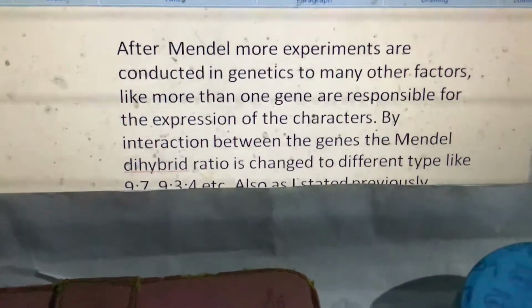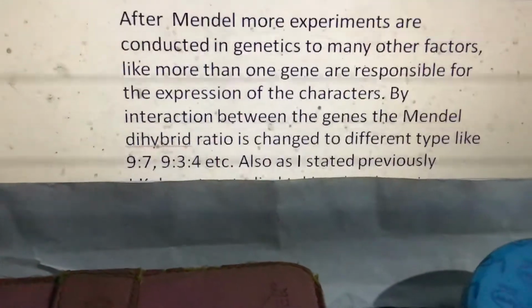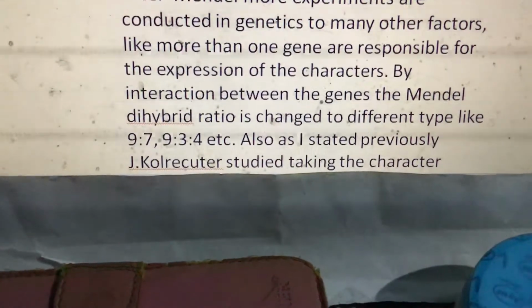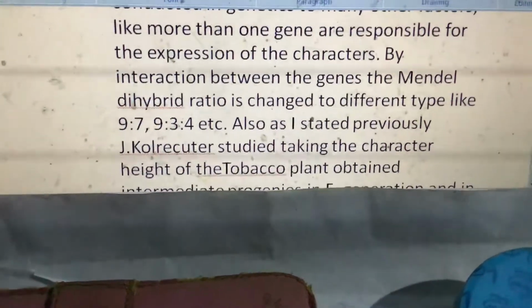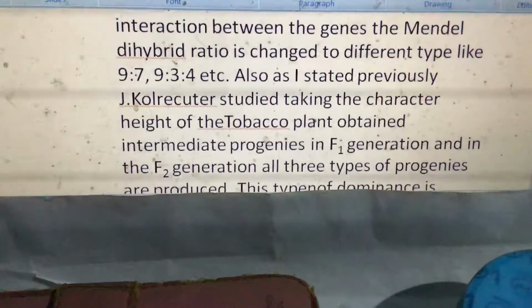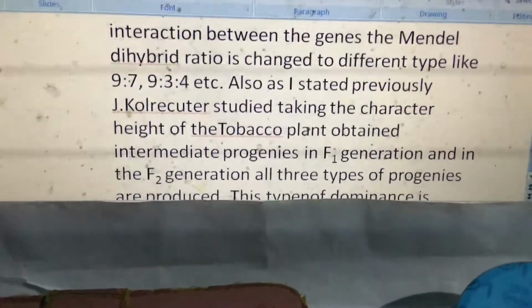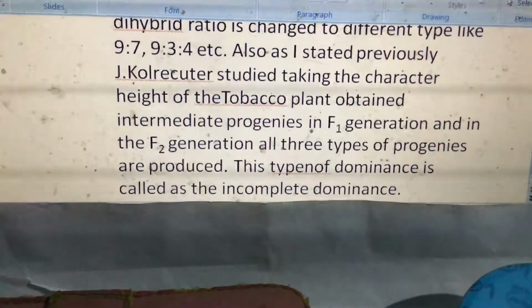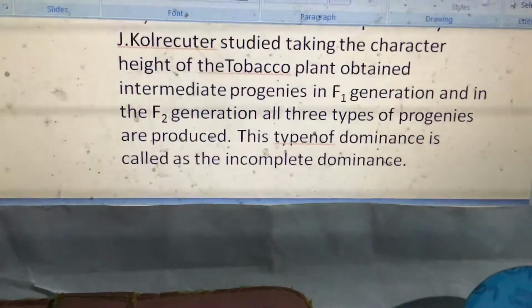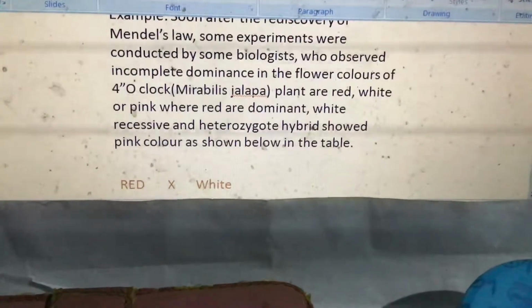The red is the dominant form and the white is the recessive form. When red and white are crossed with each other, they form the pink type of plant.